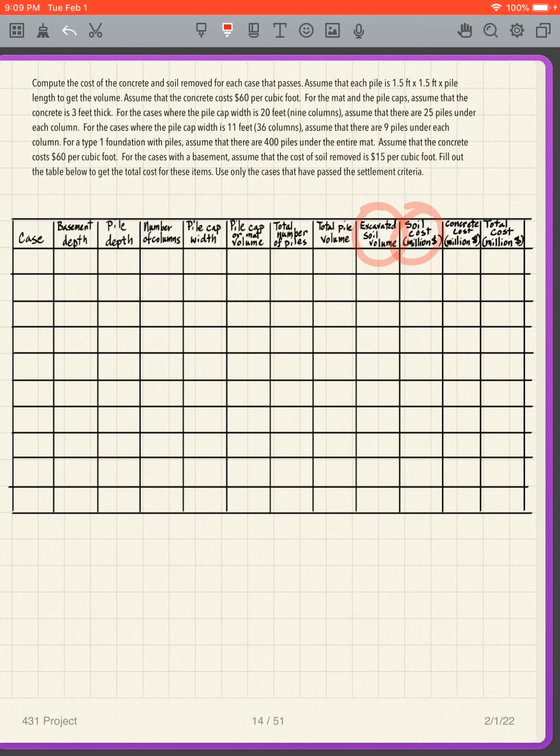The soil cost is simply times $15 per cubic foot. The concrete cost in millions of dollars, I multiply by $60 per cubic foot, and then you add those two together and you get the total cost. Okay, so that is this part of the project. Fill everything out in these tables. Okay, almost.